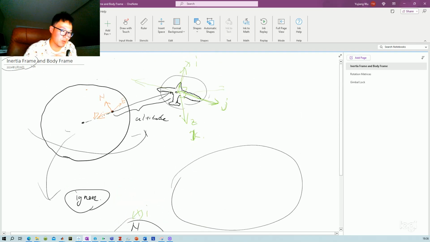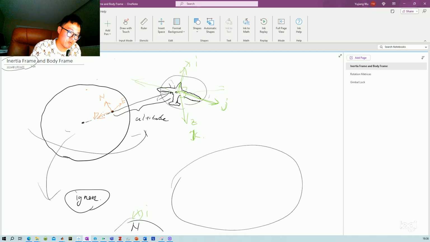Of course, if your plane flies in the other direction, your body frame is not a fixed frame, so the frame rotates together with the plane. Maybe the drawing of the z here is a little bit confusing, but essentially the z should be pointing perpendicularly down.